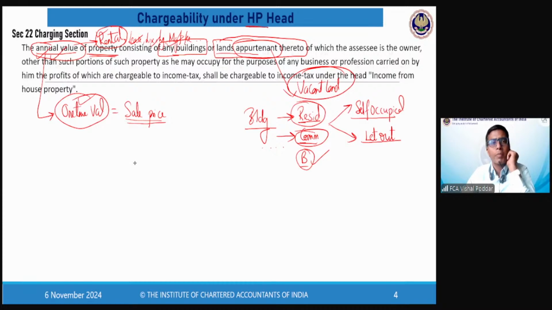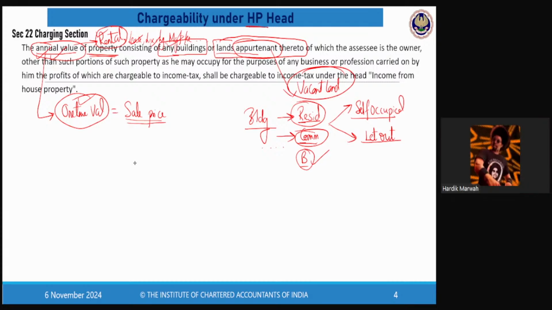So that when they stop earning, when they get retired or old, they should get a passive, fixed income. Now they are getting rent on that shop or godown or office. Now put this example into your question, beta. Sir, yes, sir, it will come under HP.